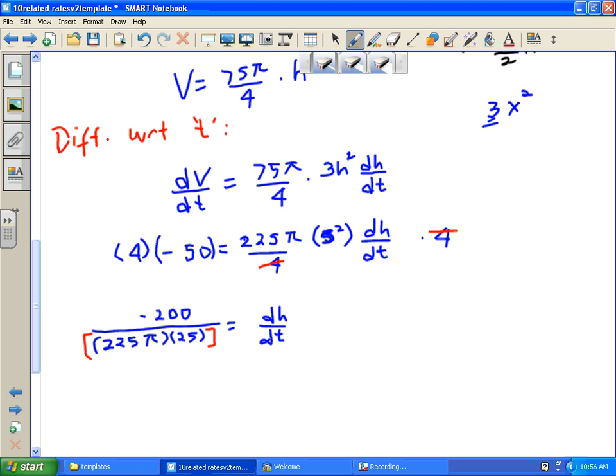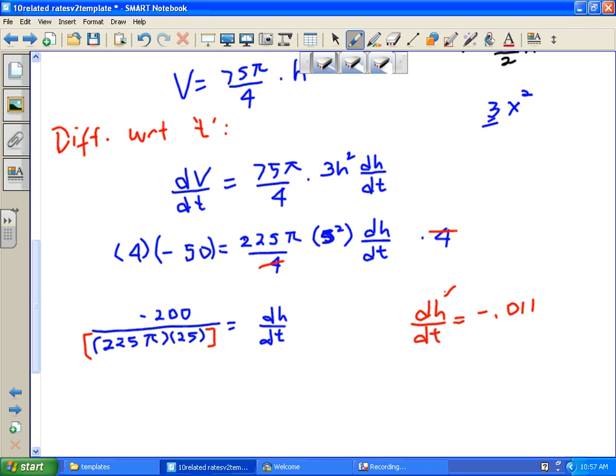So make sure you do it as such. Now let's see what we're getting. Good, negative 0.011.